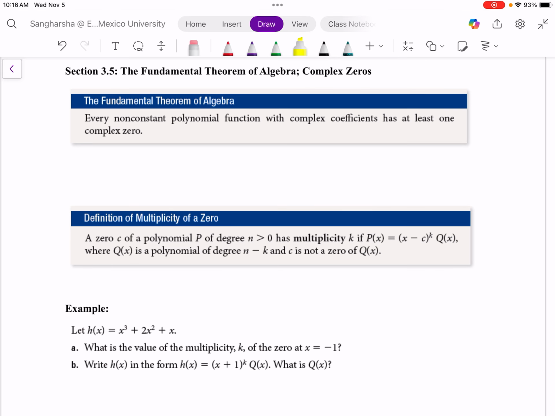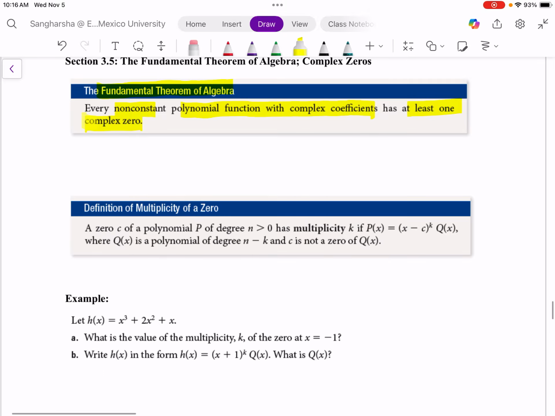Here we have the fundamental theorem of algebra, and what it tells us is that if we have a non-constant polynomial function with a complex coefficient, then it has at least one complex zero. Earlier we had a real zero, now we have a complex zero.